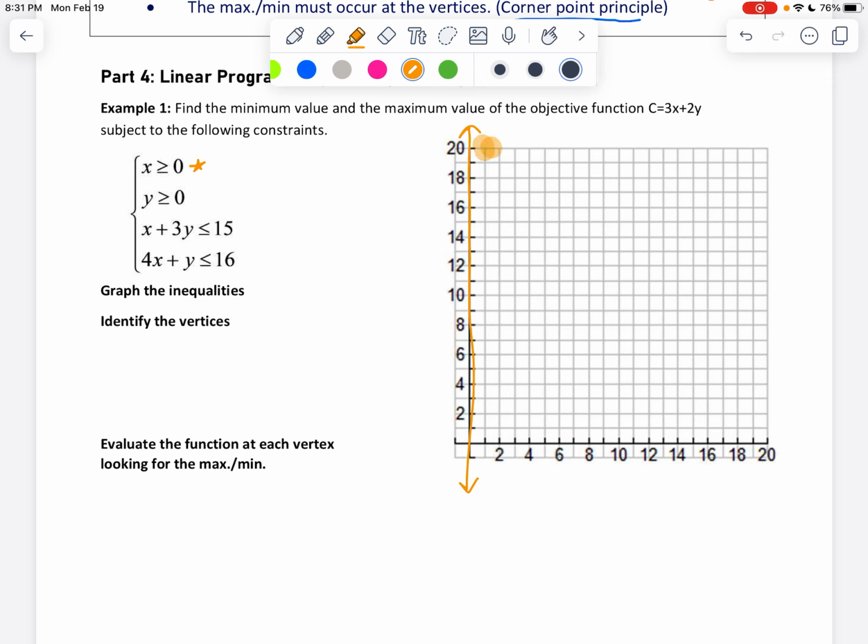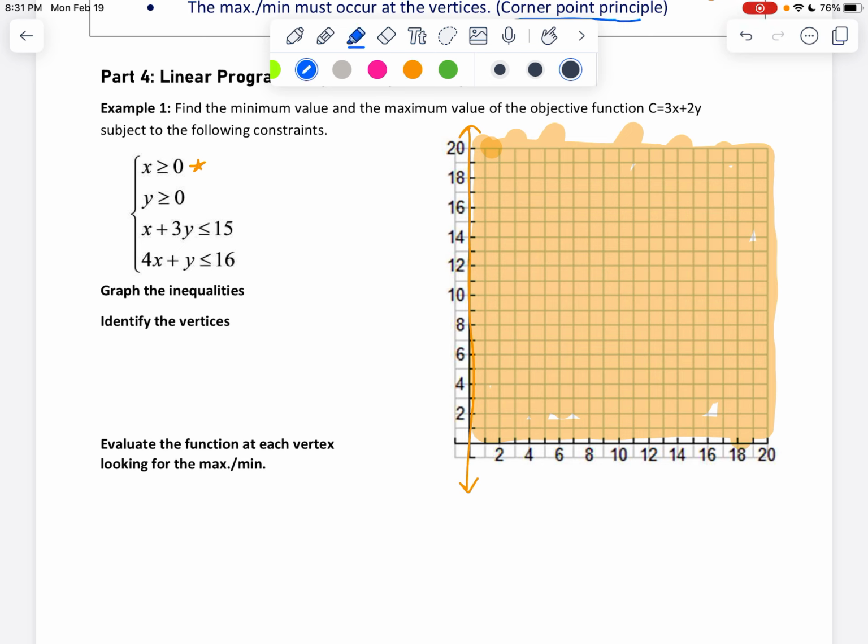I'm going to use a larger one for this. So we're going to just shade all in here. Okay, and now the next one says y is greater than or equal to 0.